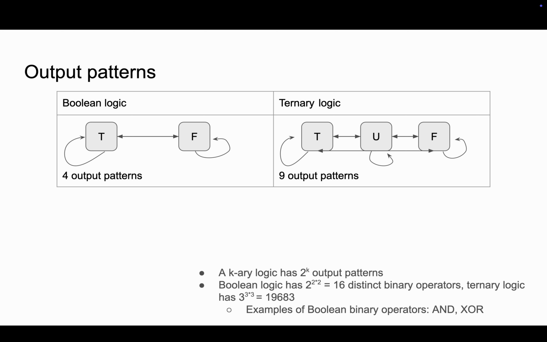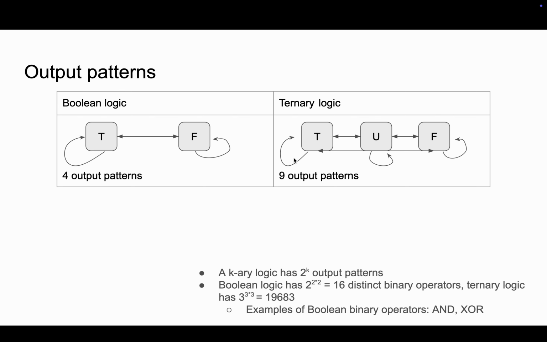Binary logic has an arity of 2 because it has true and false as truth values, and as such, ternary logic has an arity of 3. A k-ary logic has k to the power of 2 output patterns. This is illustrated in this diagram that I made.